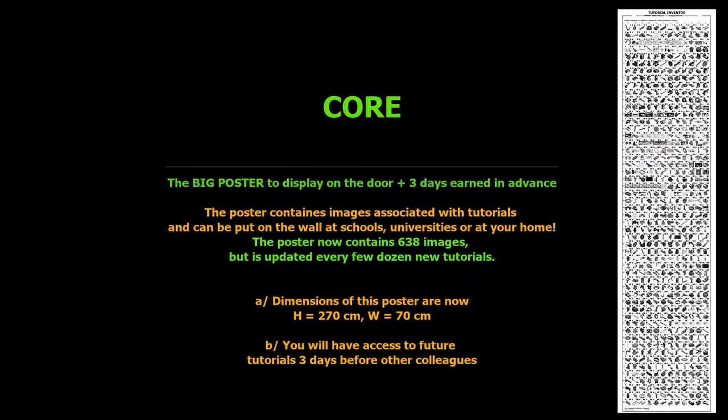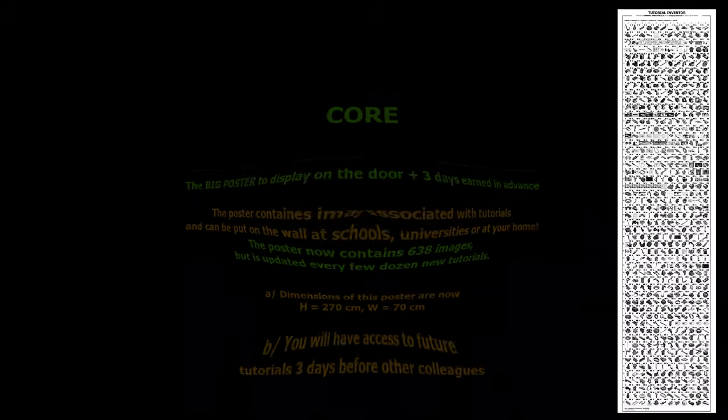The core gives you the opportunity to obtain and keep the poster, but also the possibility to receive the release of new tutorials 3 days earlier. The poster now contains 638 images, but is updated every few dozen new tutorials.